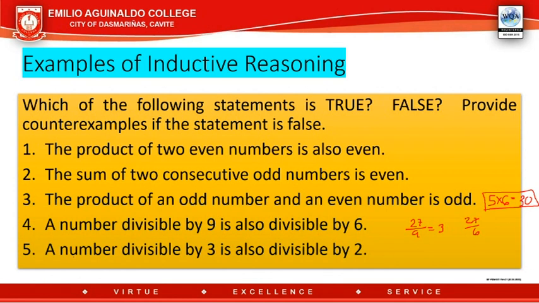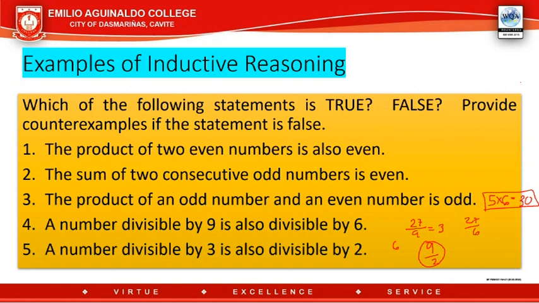Then number 5, a number divisible by 3 is also divisible by 2. If we have 6, it is divisible by 2. How about 9? 9 is divisible by 3, but 9 is not divisible by 2. So this will be our counterexample for number 5.